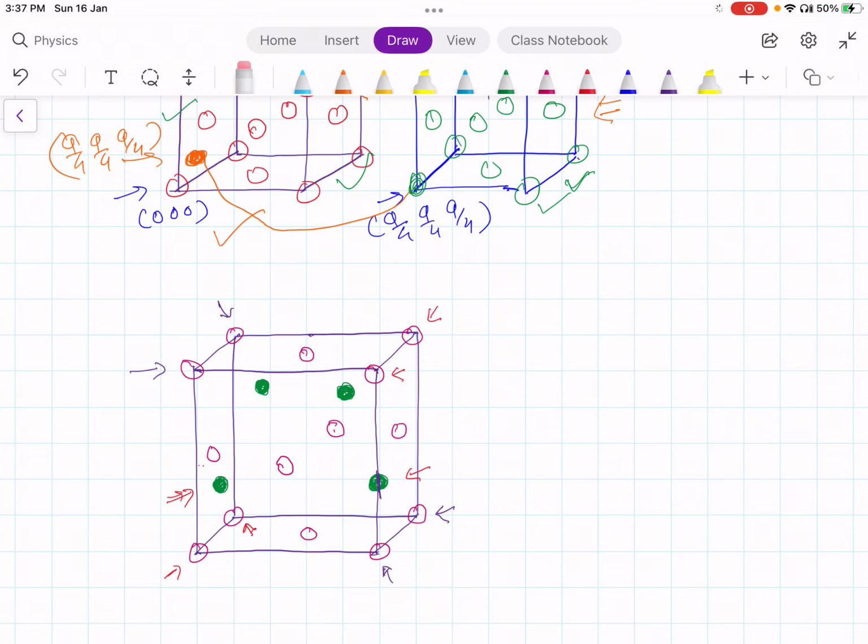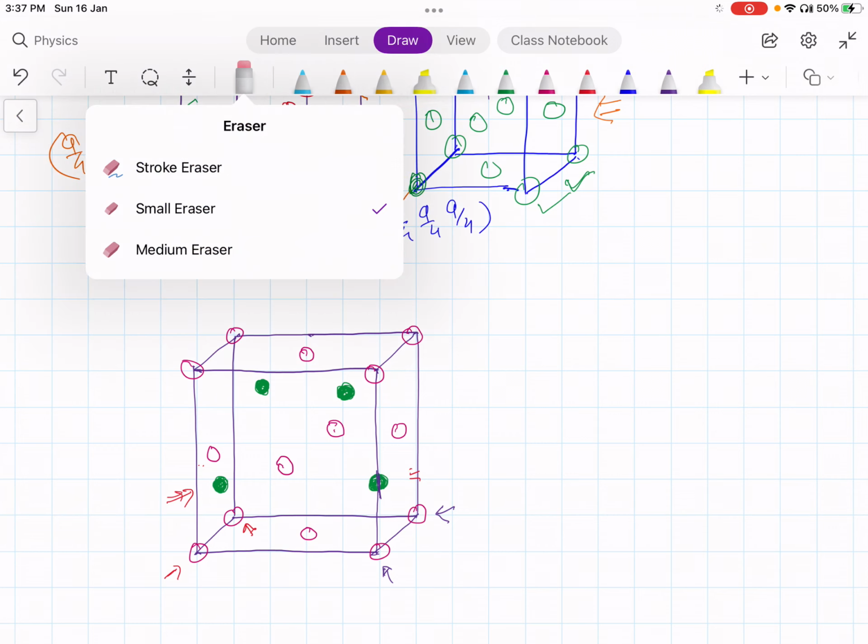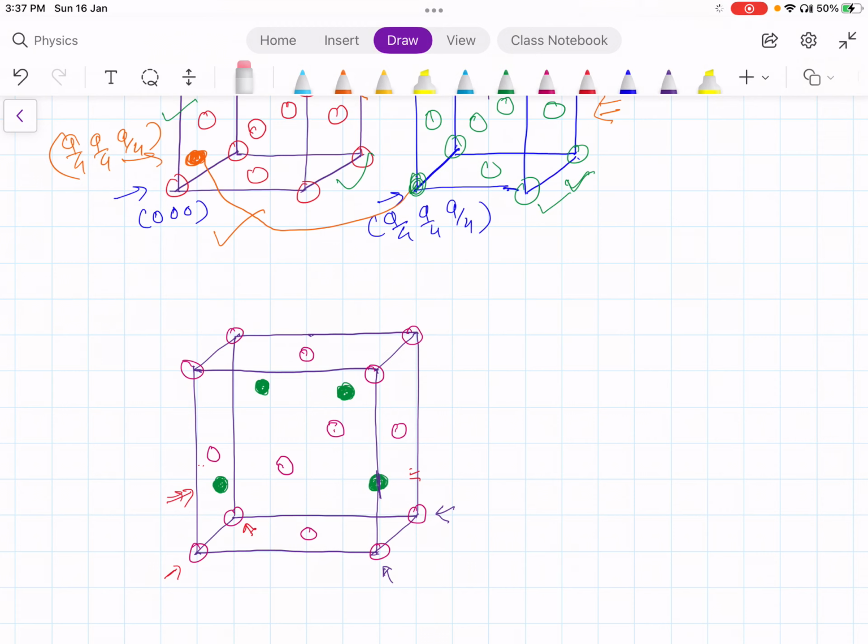As you can see there are 8 carbon corner atoms, 6 carbon face center atoms, and 4 carbon atoms inside the unit cell.